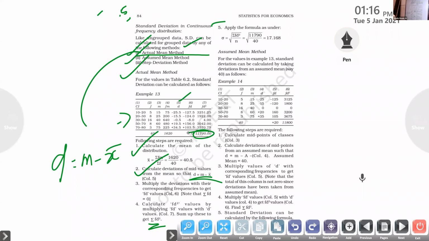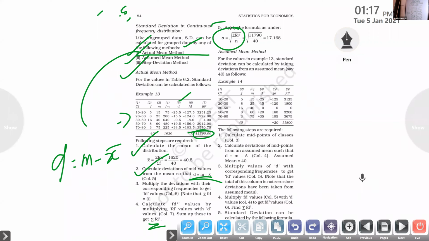Now we want to apply these numbers in the equation. What is the equation here? For a continuous frequency distribution, if you want to find the standard deviation through the actual mean method, the equation is sigma is equal to root of sigma FD square divided by n.